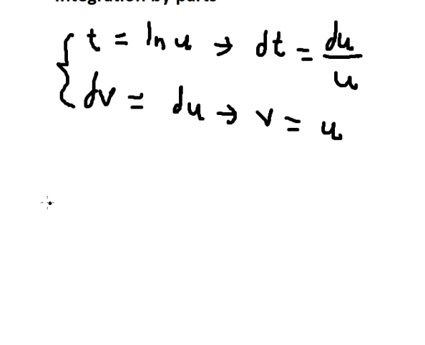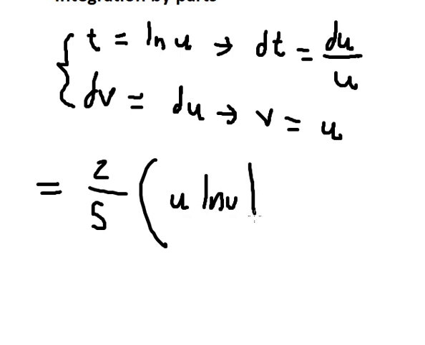Now we keep 2/5 here, so we have t multiplied by v, with the bounds from 1 to 33.